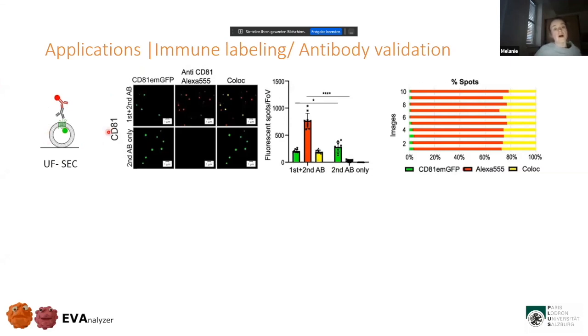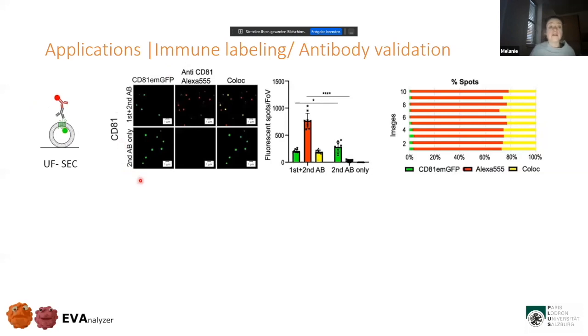In our case, this is CD81, which is tagged to an amyloid GFP. And these cells then produce vesicles which have the CD81 with the amyloid GFP on the vesicle. And we do the antibody staining with our CD81 antibody on these vesicles. And then we can have a look at how much colocalization we see.